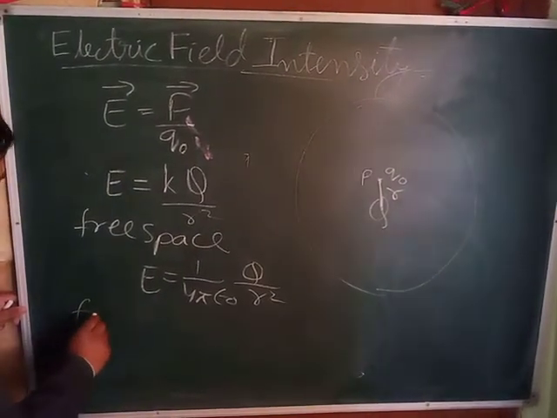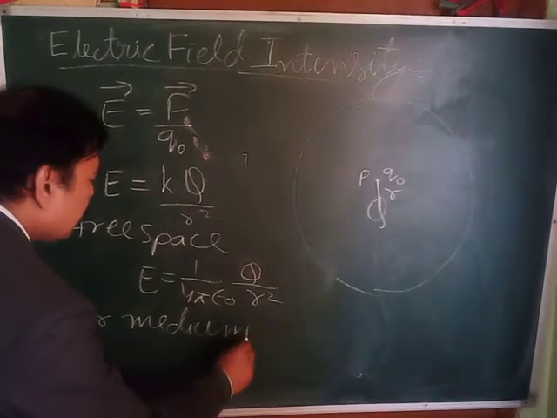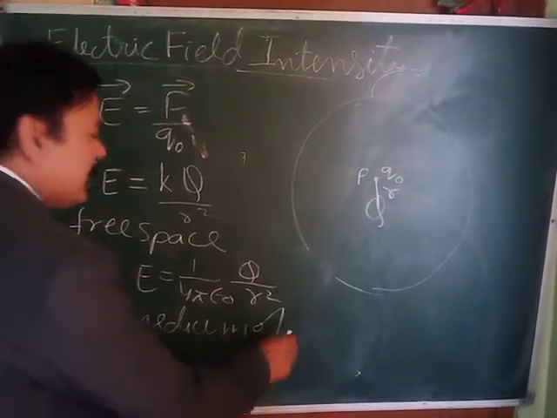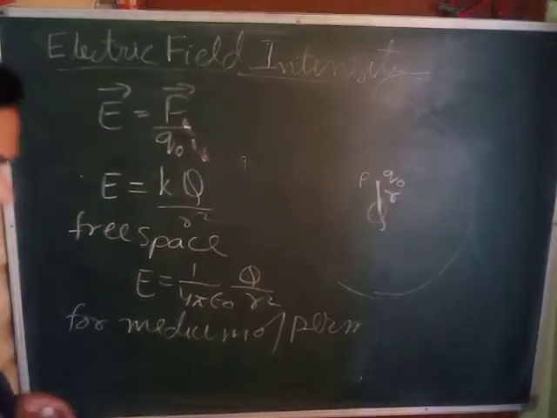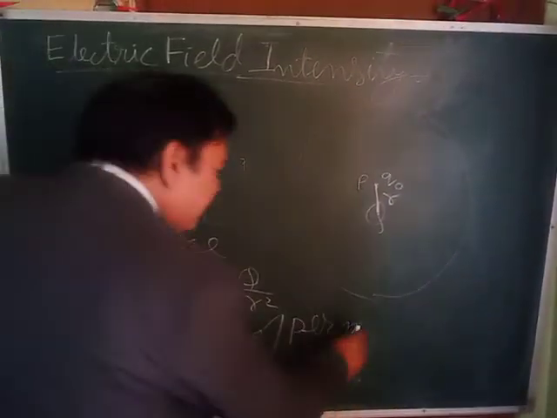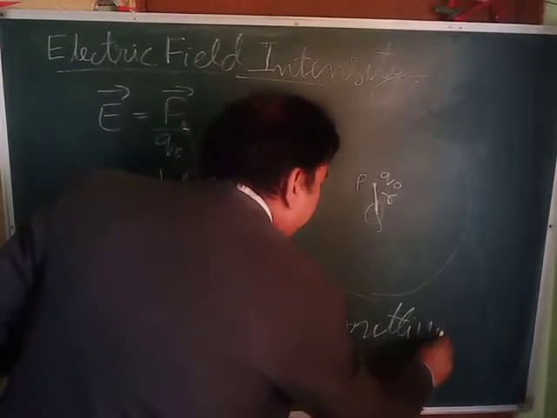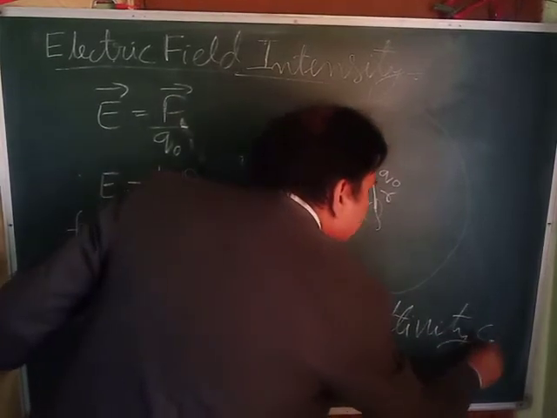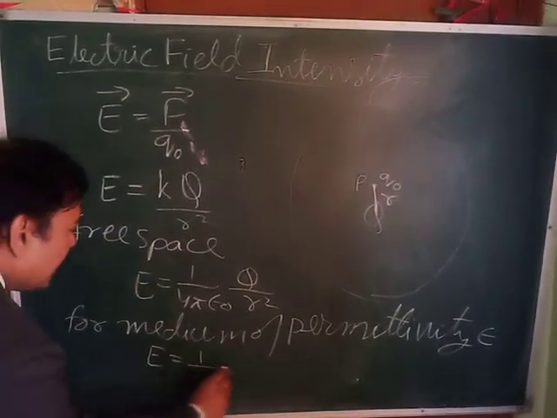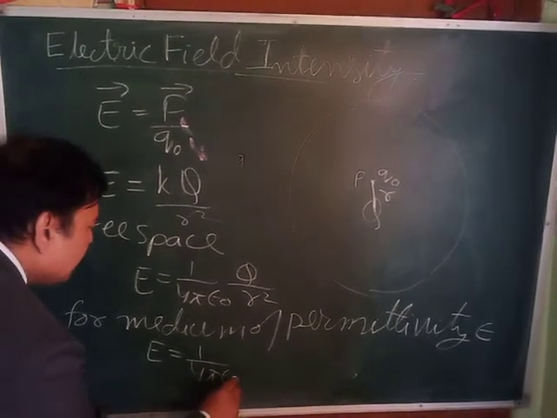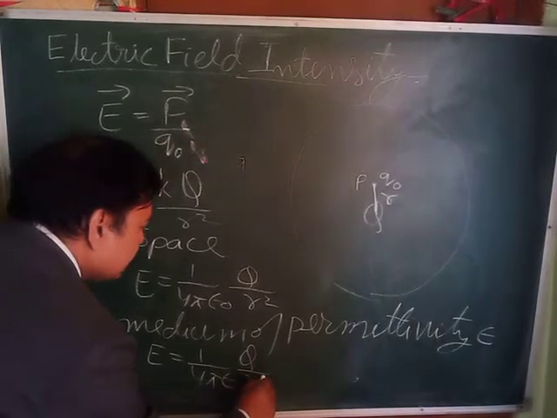For a medium M of permittivity epsilon, E equals 1 by 4 pi epsilon, Q upon r square.